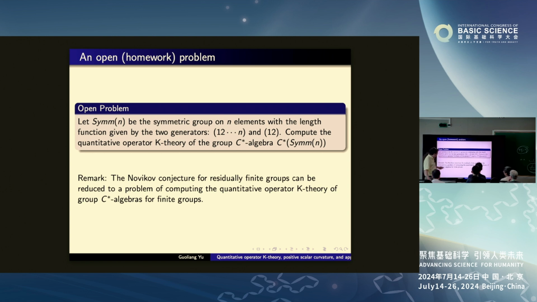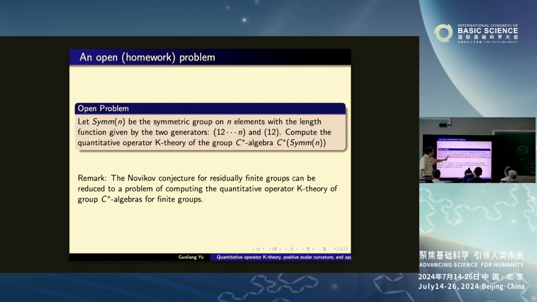This is just a starting point. If you are able to do the same thing for finite groups, you would solve the Novikov conjecture for residually finite groups. That's a big problem. A lot of us worked very hard on the Novikov conjecture, but it's widely open for residually finite groups. What I'm saying is that if you understand finite groups for quantitative K-theory, everything is done.